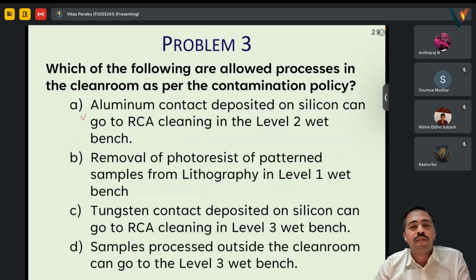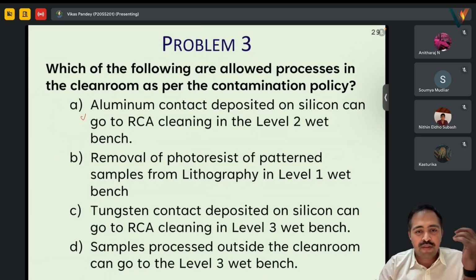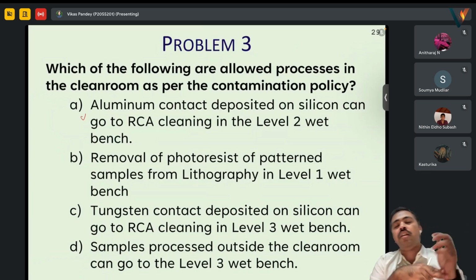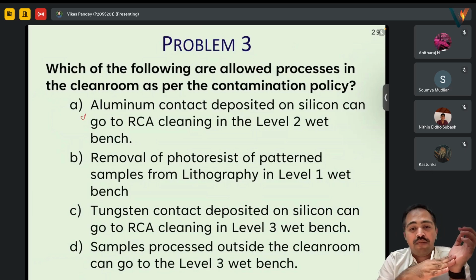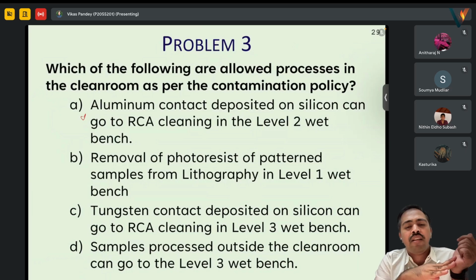Fine. Next is removal of photoresist of a patterned sample from lithography in level 1 wet bench. We have done some lithography process, and we have not studied lithography yet, but let's say we have to remove some organic materials, and this is generally done in acetone.